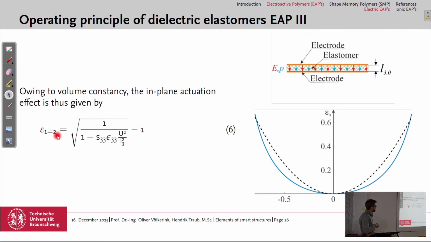We have the strain in plane, so strain in the 1 and 2 direction is given by this equation. It depends on the compliance and also on the permittivity and the voltage and the distance between the electrodes. So this is the applied field again, and if we plot it, we get this blue line. It's not an actual material, but just to give you an impression about how it behaves.